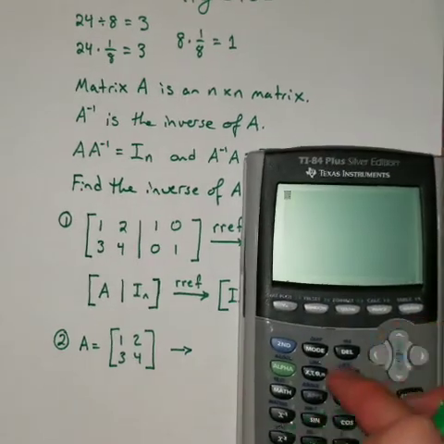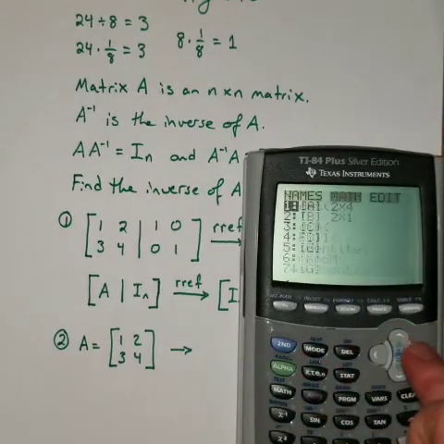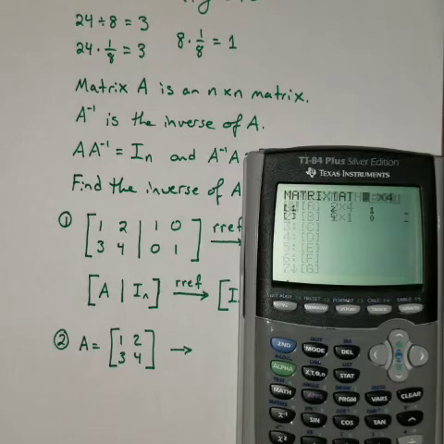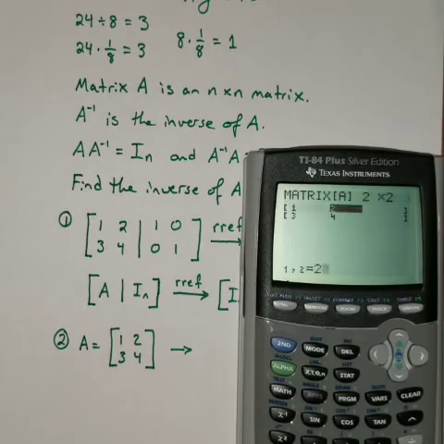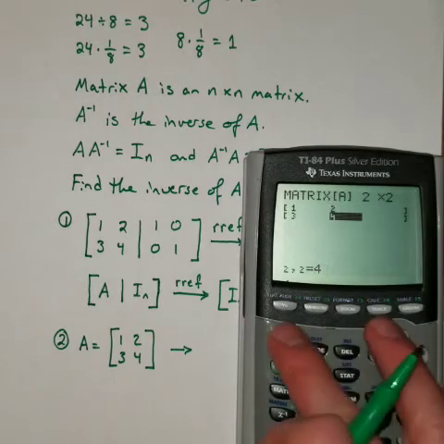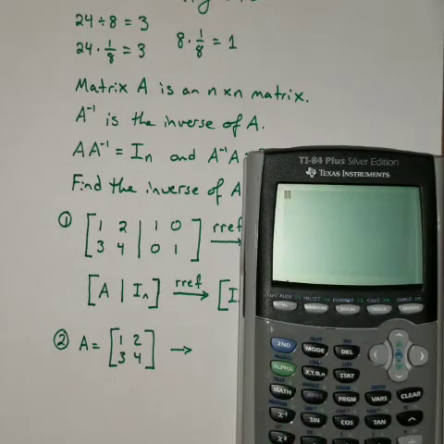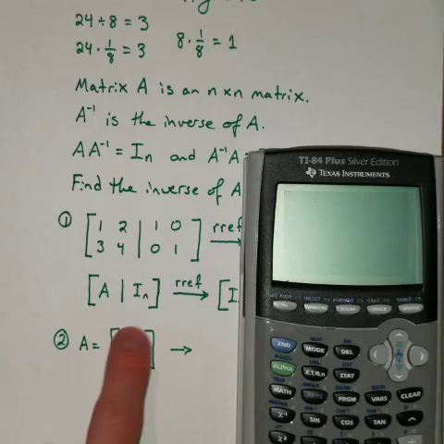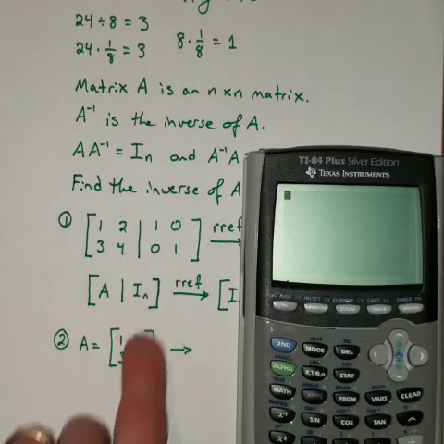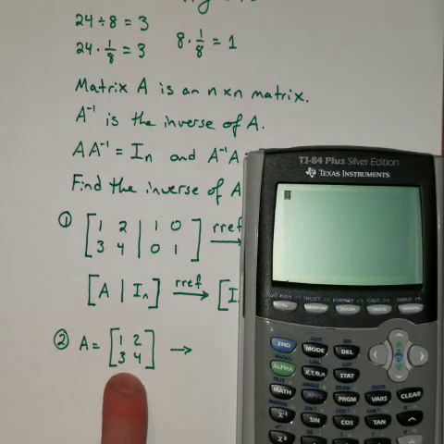So we go second matrix over to edit, and this is a 2 by 2, right? So 2 by 2, and then 1, 2, 3, 4. All right. So I've got my matrix entered, but it's just this one. It does not have the identity on the right. It's just this single matrix.